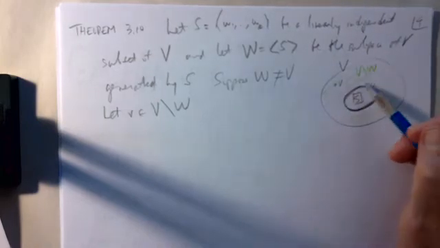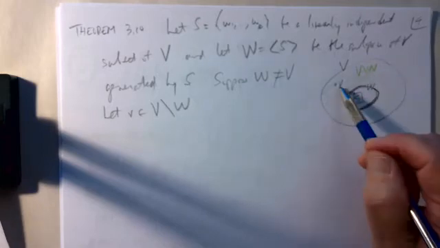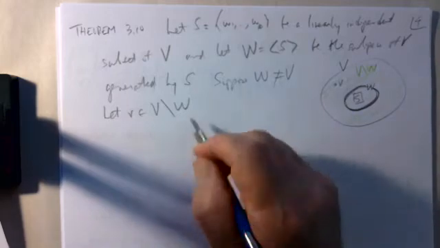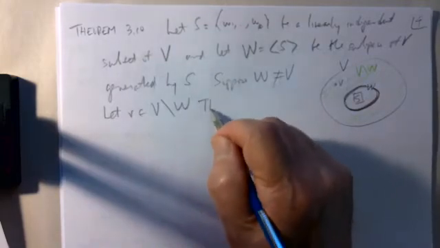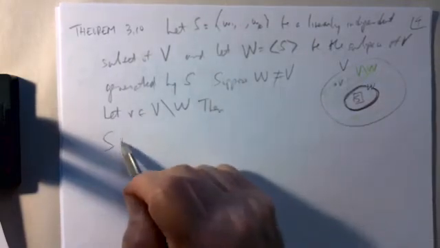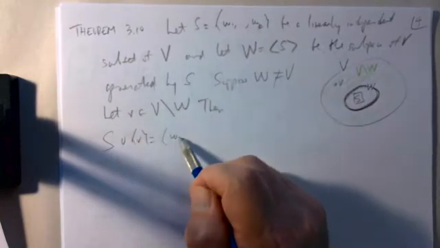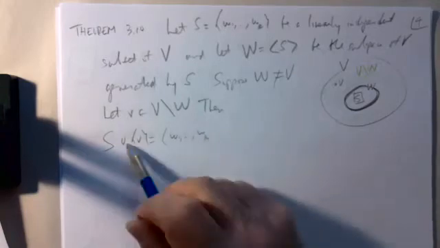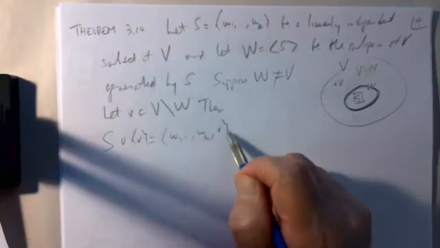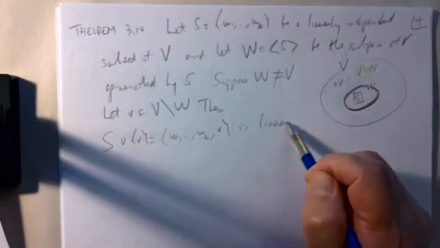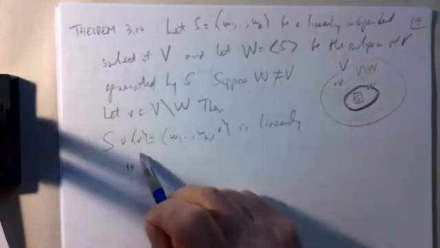And everything in V not in W, that's the green. And I choose any vector v in V minus W, and I claim that the set S together with v, so that's the original k vectors in S, together with v, is a bigger linearly independent set.